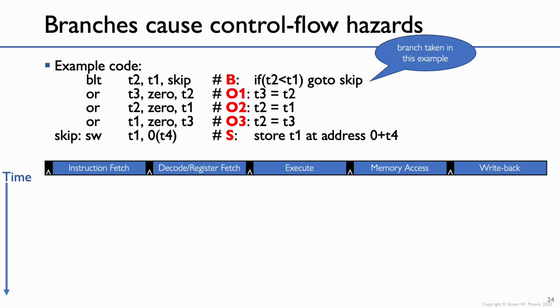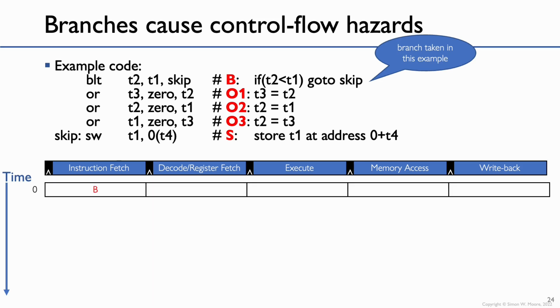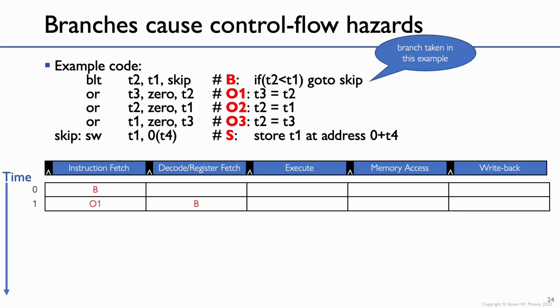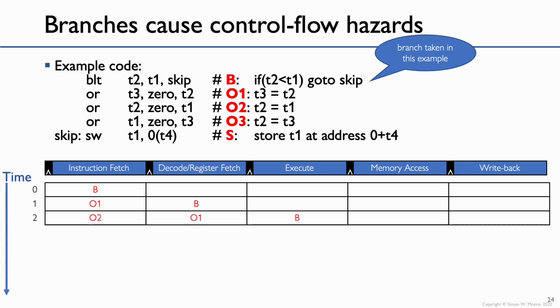So there again, we're going to look over time. So we're going to fetch branch. Branch is going to proceed to decode, and we're just going to do the dumb thing and fetch the instructions after the branch. Okay, so we fetch O1, now we're fetching O2.